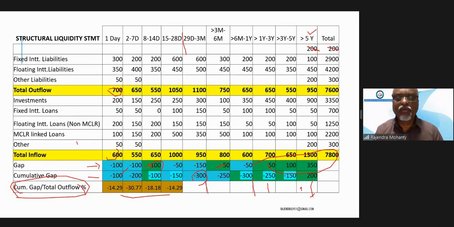How are you going to manage this gap? Because your outflows are more, you need this much money. Inflow is only 950, so the rest amount you have to manage. If you have managed this 150 for 30 days, only 150 needs to be managed; the total 300 need not be managed. This is what the bank's ALM department does every day to find out the position.